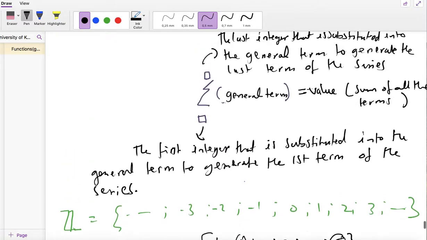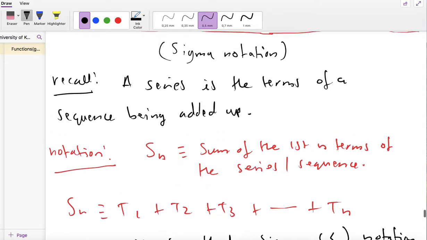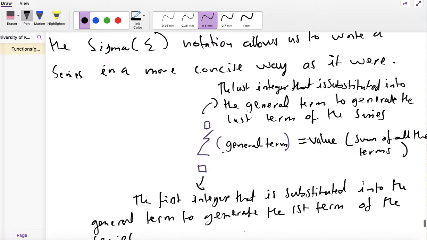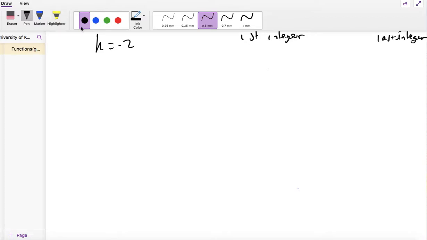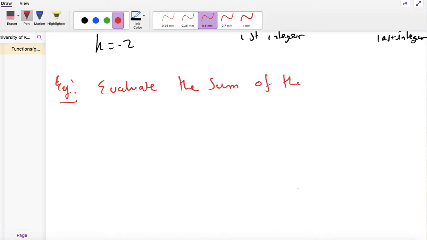Okay, so I hope this makes sense thus far. However, let's do a more concrete example to relate all the theory that we talked about in the above. So let's do an example. So evaluate the sum of the following.